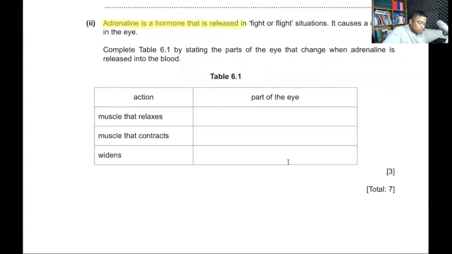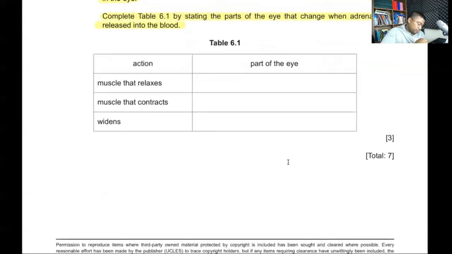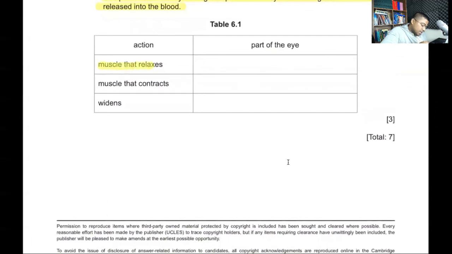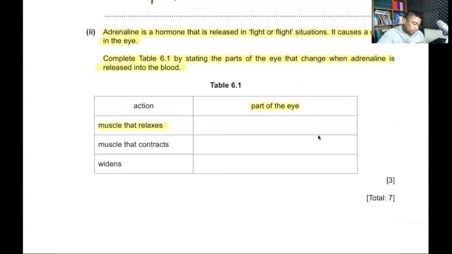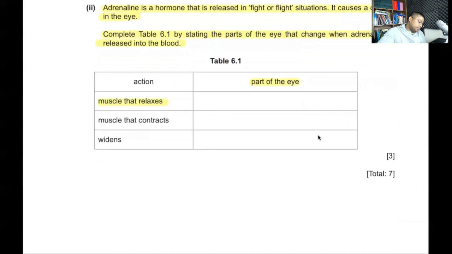Adrenaline is a hormone that is released in fight or flight situations. It causes a change in the eye. Complete table 6.1 by stating the part of the eye that changes when adrenaline is released into the blood. So action, muscle that relaxes, part of the eye. So basically we know adrenaline will cause dilation of the pupil.